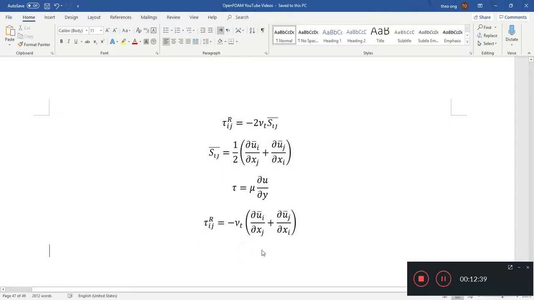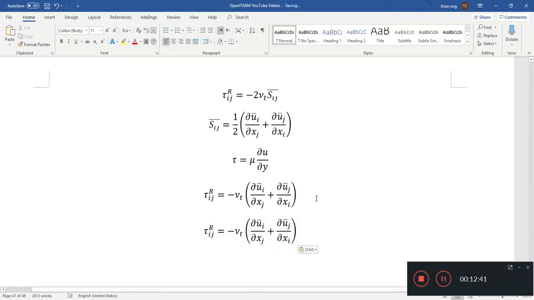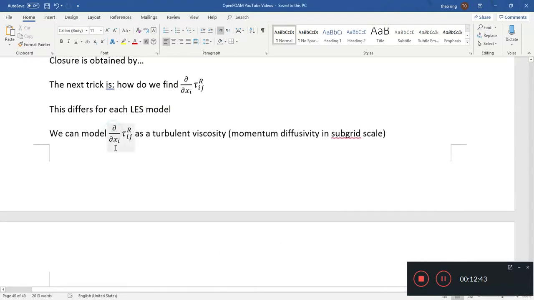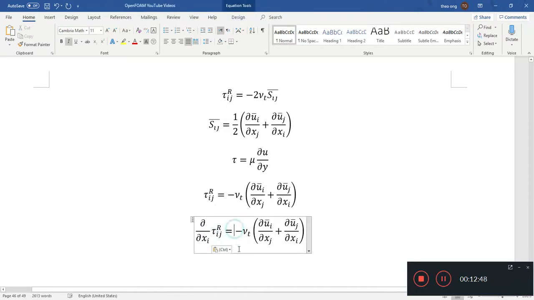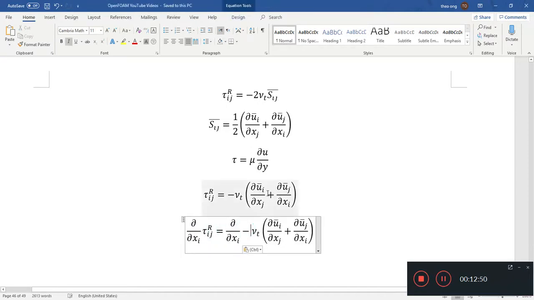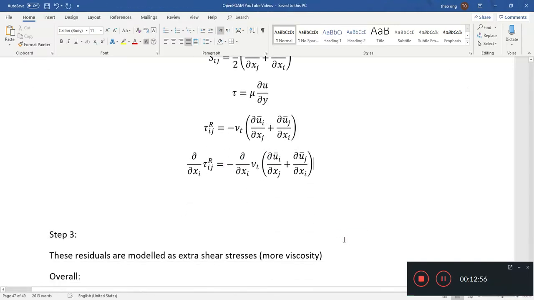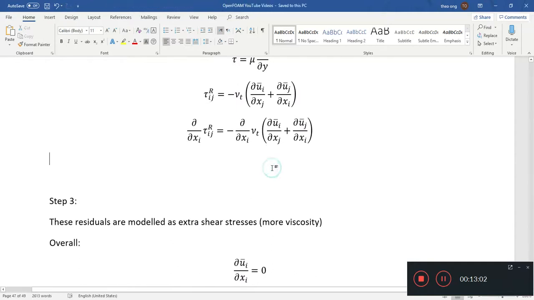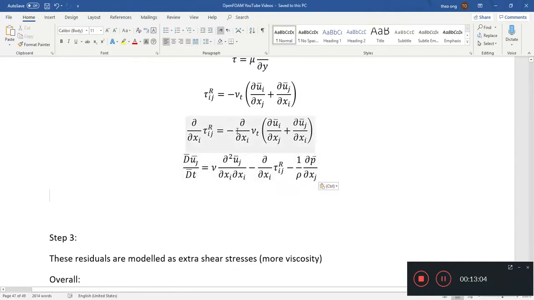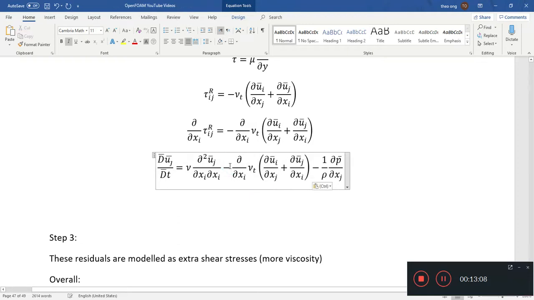Then you want to substitute this into the partial by partial x, and you will just get this. That's how we do it. Then we substitute back in here, and we will get a positive term here.